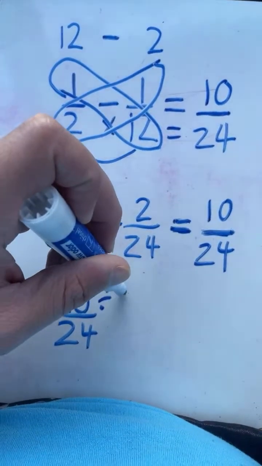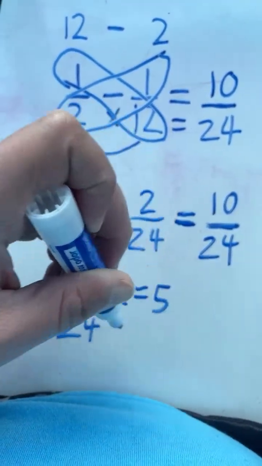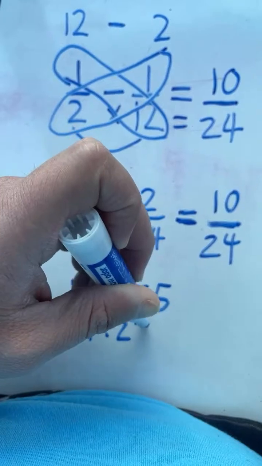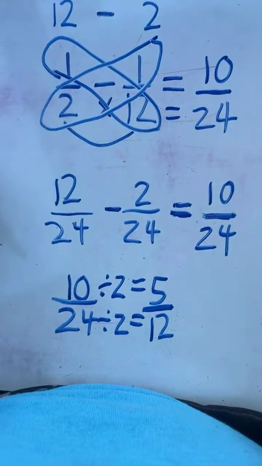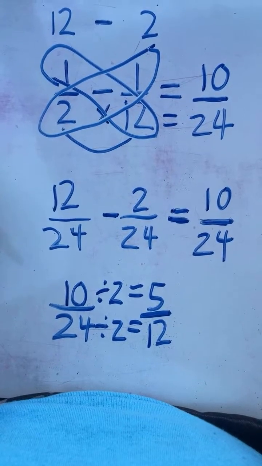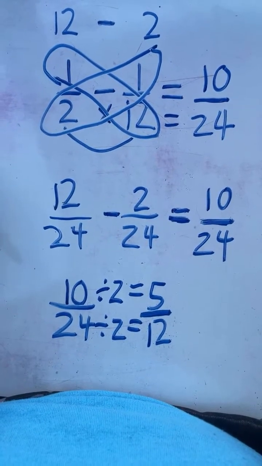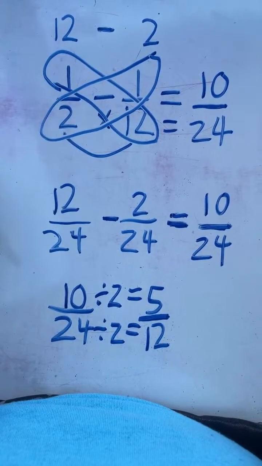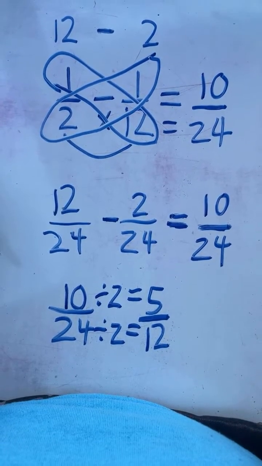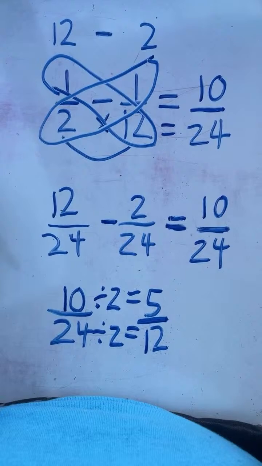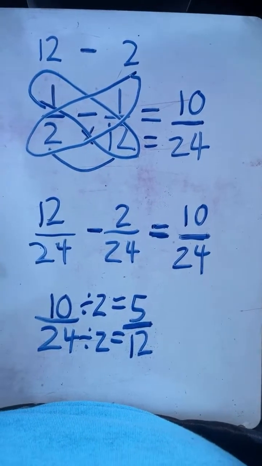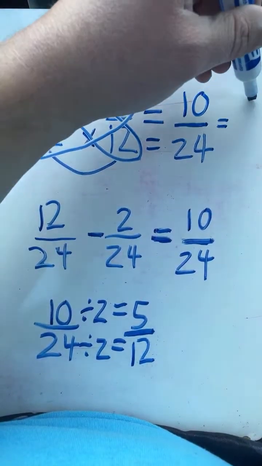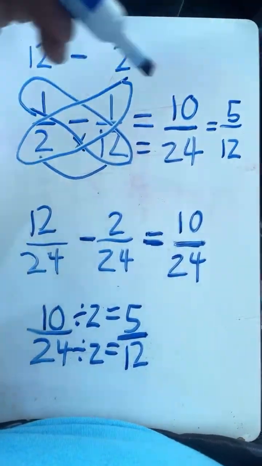So 10 divided by 2 equals 5. 24 divided by 2 equals 12. So reduced to lowest terms, our final answer would be 5/12. 1/2 minus 1/12 equals 5/12. So 5/12 would be our answer if we reduce it back to lowest terms.